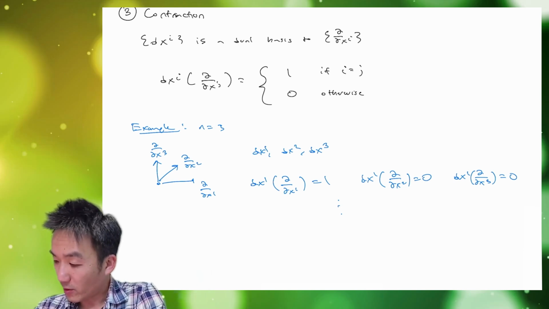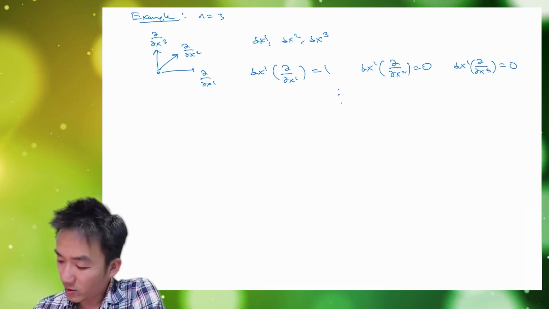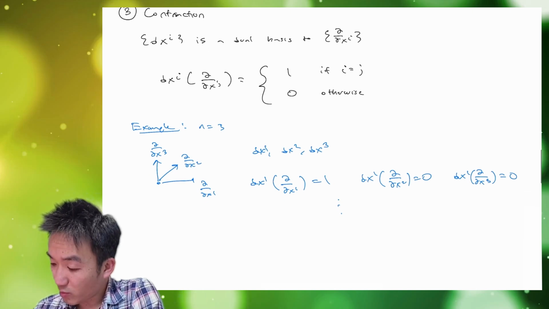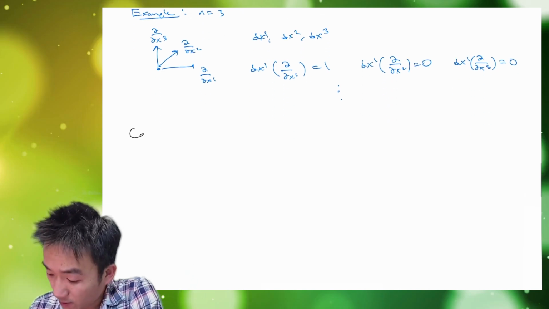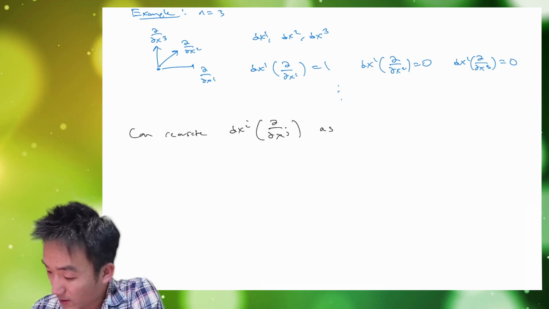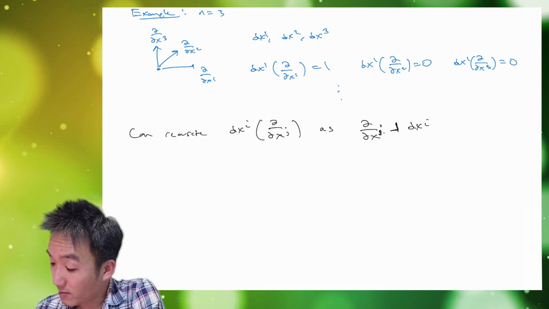Okay, so what is a contraction operator? Let's first start by rewriting this expression here using a slightly different notation. We can rewrite this expression as partial j, and then we're going to use this sort of right angle symbol to mean the expression here.